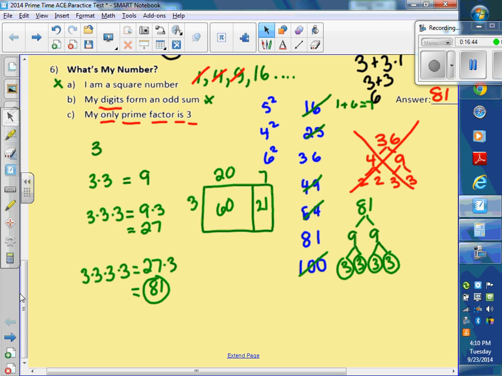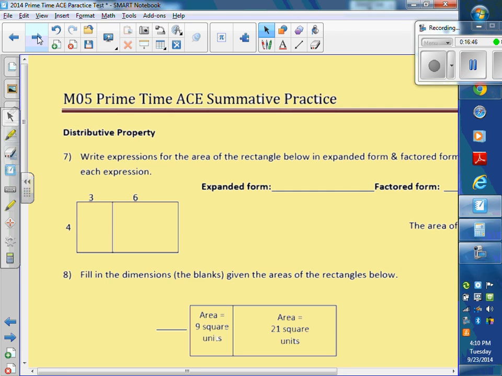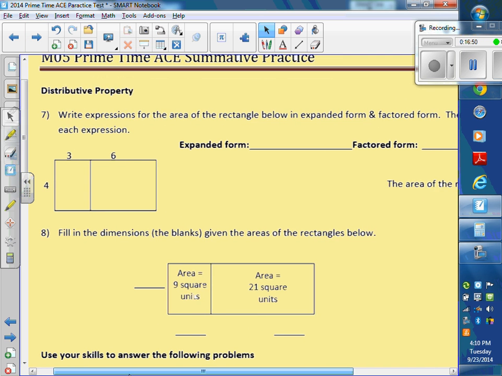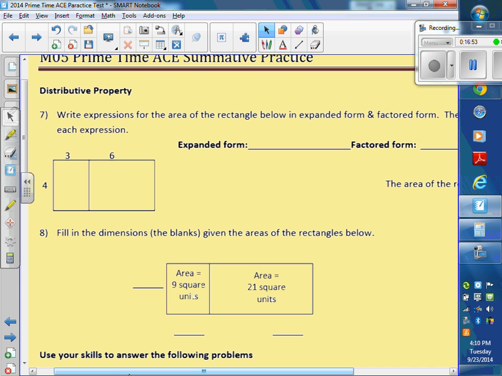Let's go to the next page. Distributive property. We worked on this a lot in class today. Write each expression for the area of the rectangle below in expanded form and factored form. Factored form has parentheses. Expanded form does not. So that was where we did 2 methods, where we expanded form, we found the area of each rectangle.